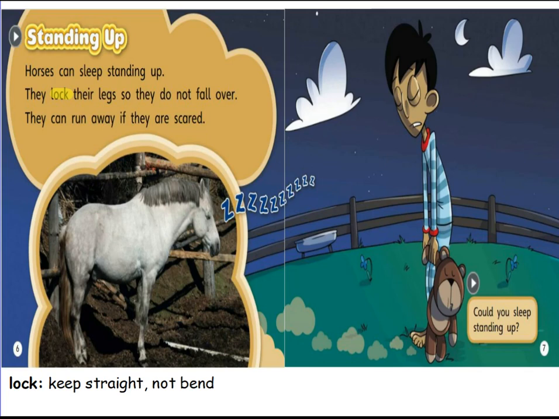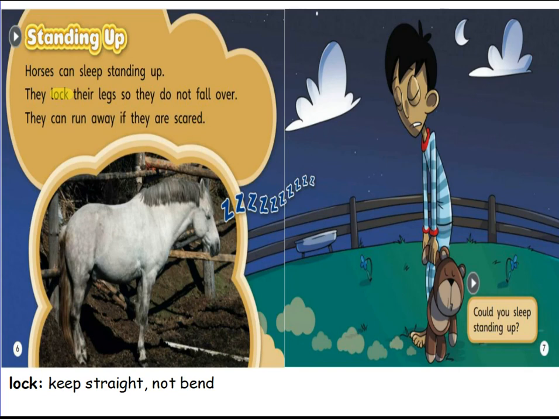I noticed we have a new vocabulary word highlighted in the text. Do you see the highlighted vocabulary word? Our vocabulary word today is lock. In the sentence, they lock their legs so they do not fall over.